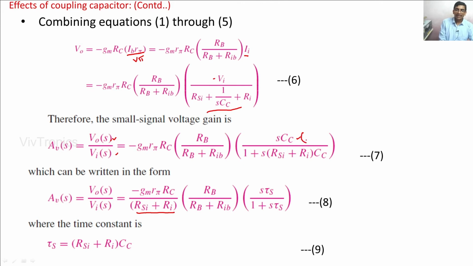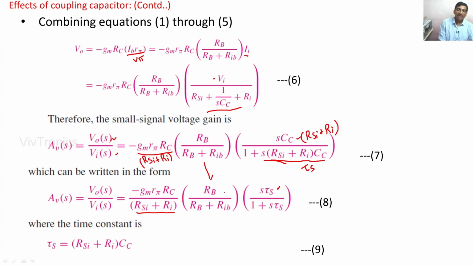Therefore, the voltage gain will be equal to minus gm R pi RC divided by RSI plus RI into RB by RB plus RIB, and now the value of RSI plus RI into sCc is nothing but the series time constant, s into tau S. Therefore, RSI plus RI into Cc is called the series time constant tau S. So in the numerator we have s into tau S, and in the denominator 1 plus s into tau S. This is the complete voltage gain equation for the circuit having an input coupling capacitor.